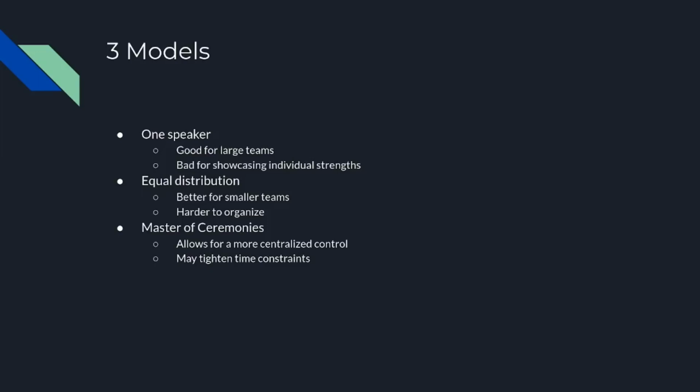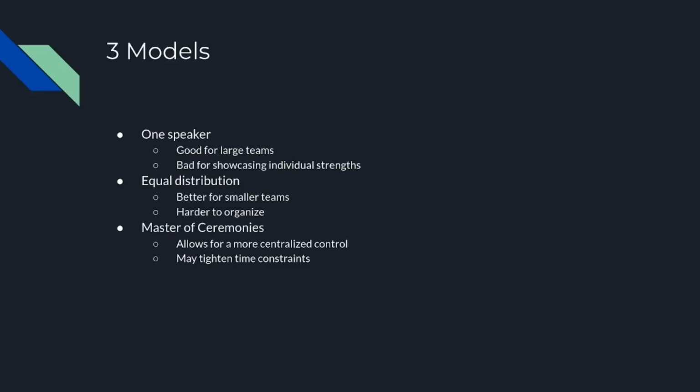or harder to adapt in the moment. These can be solved with an equal mix of these two, which is the Master of Ceremonies model, which allows for more centralized control because you choose a Master of Ceremonies. This is a single person in the team who directs the presentation but doesn't entirely give it. They may direct the questions in the Q&A, and direct the presentation, giving each section to each person as it comes up, and they in general have a more centralized control of the presentation in the moment.